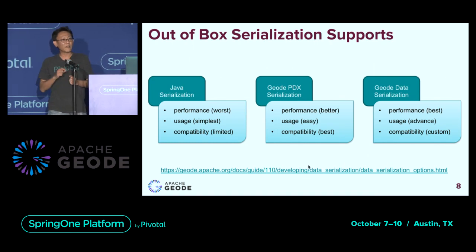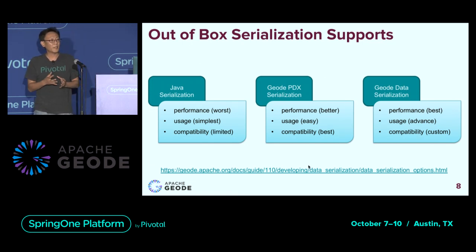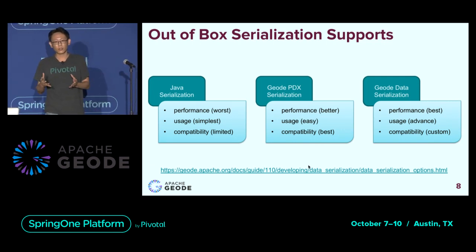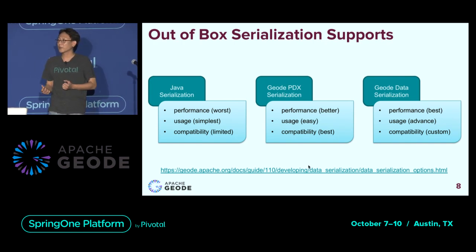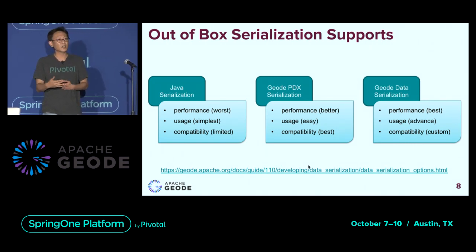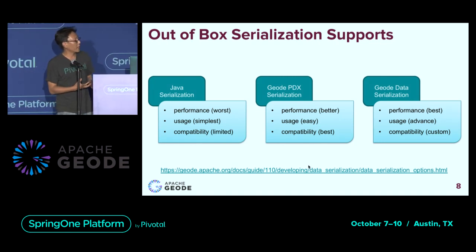Usage is very simple. Java Serializable, we all know how to use it. However, from the compatibility perspective, it's actually limited. If you go to Google and search for Java Serializable compatibility, you'll find documentation from the Oracle website that tells you the limitations and capabilities of compatibility for serializing and deserializing when you have a data model version change. So there's a limit to that.